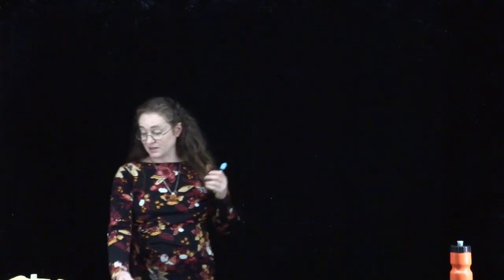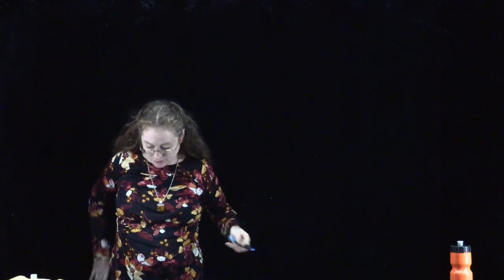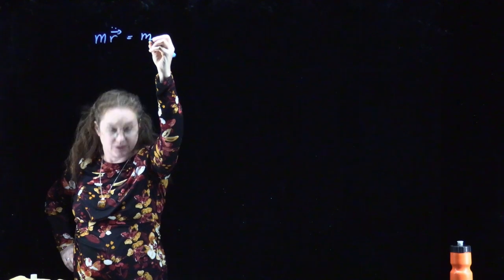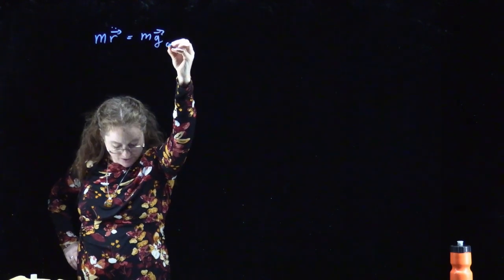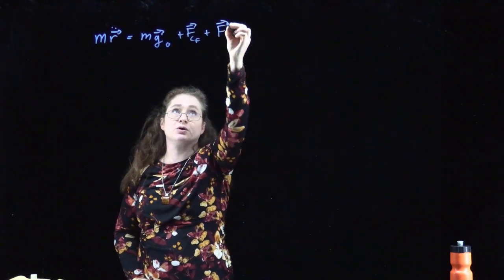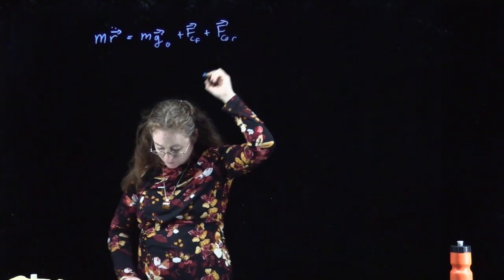So then we can look into the Coriolis effect and what this does to something which is in free fall. Now, by free fall, we mean that it is experiencing no other real forces than gravity. So we're going to start with our handy-dandy equation. M r double dot is now equal to the net force, which is just due to gravity, and then we have the centrifugal force and the Coriolis force.